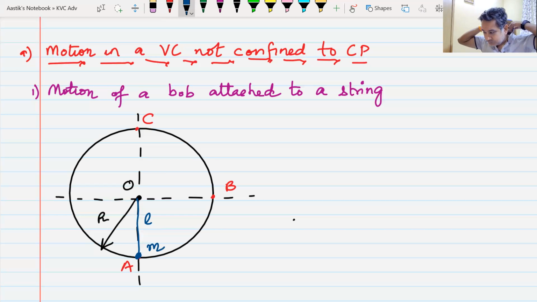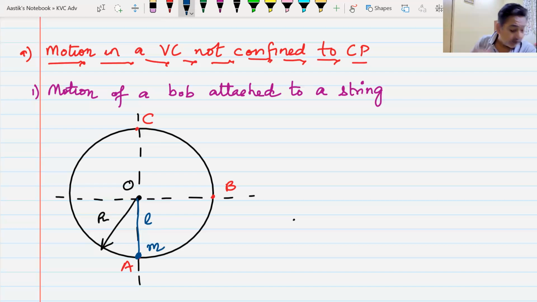Now, why am I calling this one not confined to circular path? Because if somehow the string breaks, what will happen? Will it move in a circular path? No, sir. It will just fall.